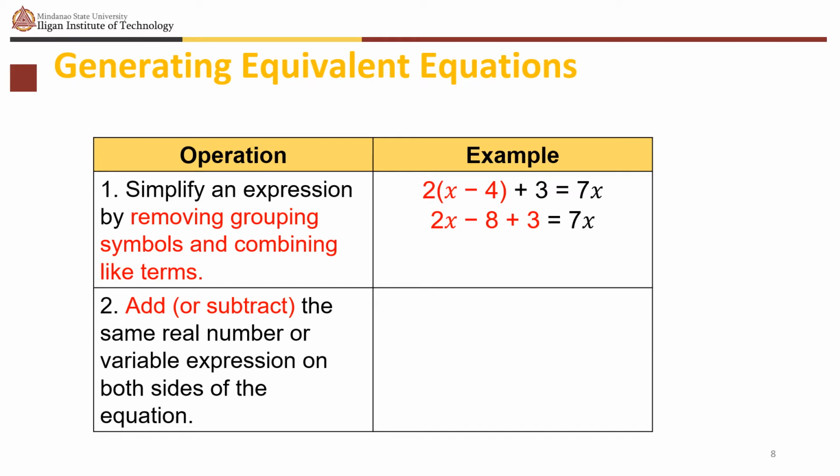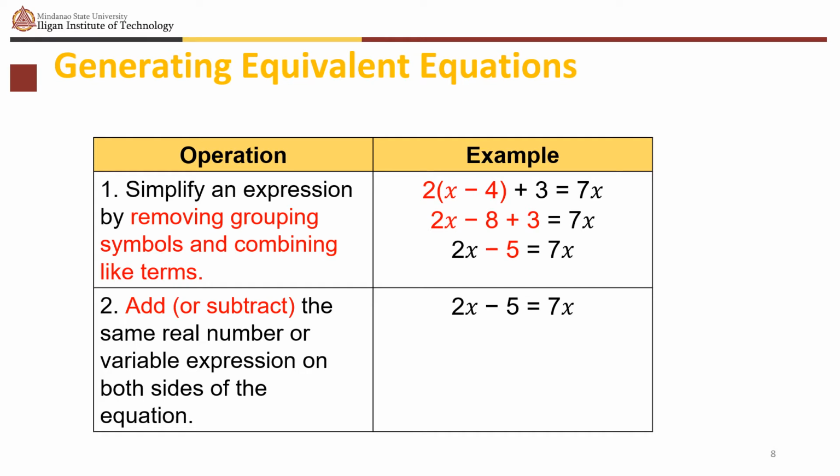So we can actually get rid of the parentheses here and solve for the following. 2 times the quantity x minus 4 will give us 2x minus, this is 2 times negative 4, that's negative 8, plus 3 is equal to 7x. And then we try to combine like terms. Negative 8 plus 3 here will give us negative 5.